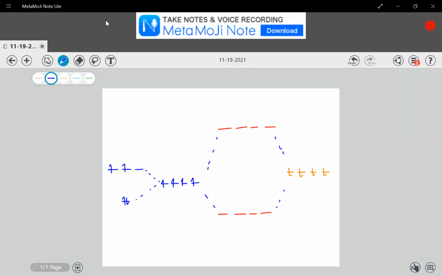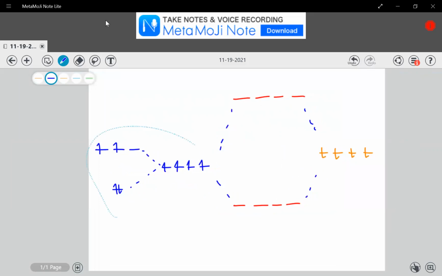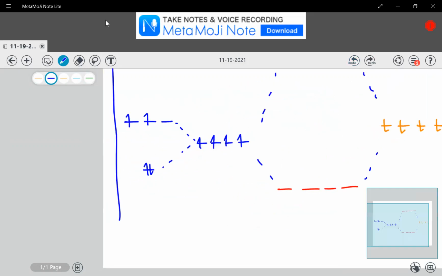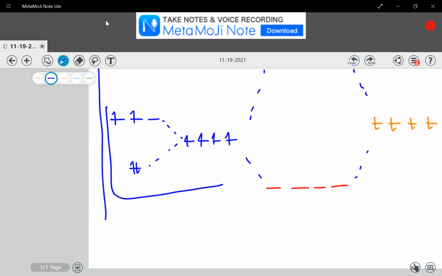So let's start from the very beginning and let's make this one easy. Before we do that, I'm just going to add an energy scale, meaning this land here is lower in energy than this one here. Okay, so let's start. In blue right here, we have the land of carbon.